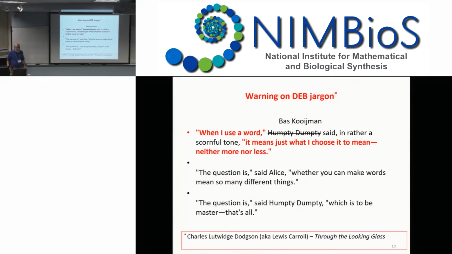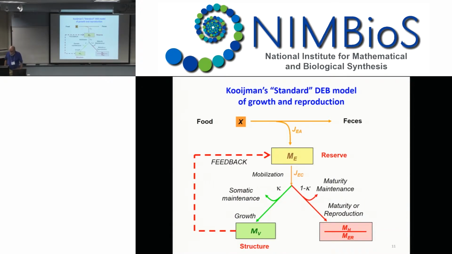My plea is that when we get into discussion of this, we try to duck these issues of jargon. So with this warning, let me just show you fairly quickly what the so-called standard model of growth and reproduction, as developed over the years by Kooijman, is.